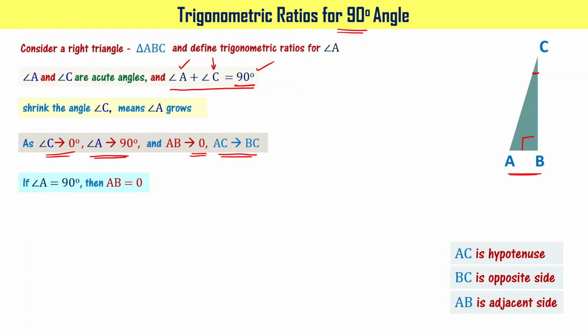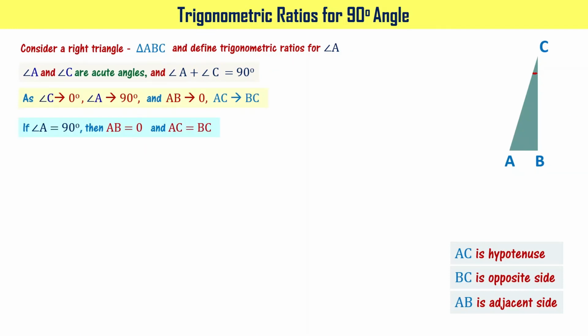Got it? When angle C equal to 0 or when angle A equal to 90 degrees, AB is going to be 0 and AC is going to be BC.